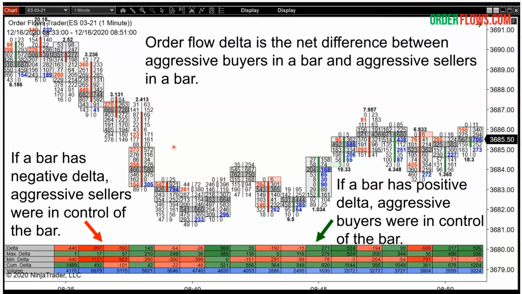So generally, if a bar has negative delta, it's telling you aggressive sellers were in control of the bar. And conversely, generally if a bar has positive delta, aggressive buyers were in control of the bar. Now, sometimes it may deviate a little bit, but that's a whole other presentation for another time.